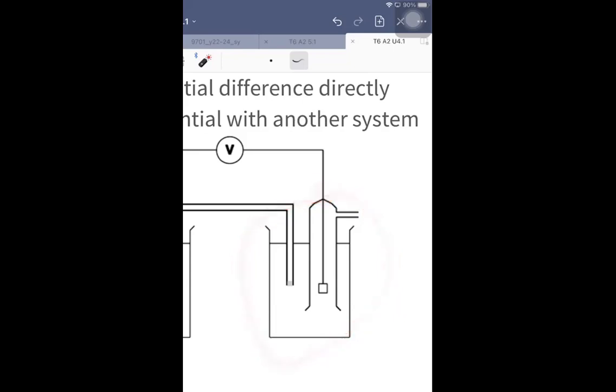So here we must have hydrogen plus ions in the solution, and we must have hydrogen gas supplied through the inlet. We'll talk about this metal later on. That is our electrode actually, and it's an inert electrode.